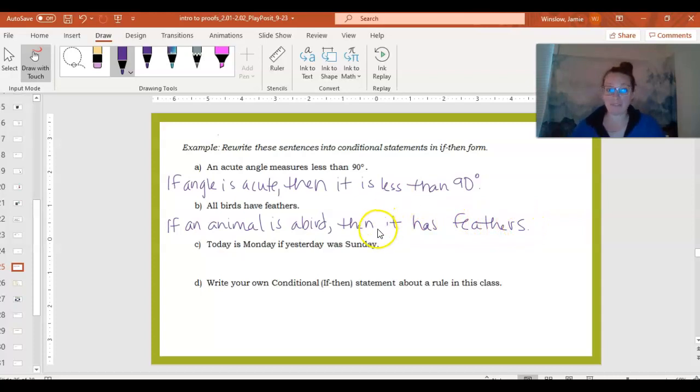And we can talk about counterexamples again. Counterexamples are really powerful. Again, they're used in debate, they're used in science, they're used in math. And maybe there's an animal that exists that's a bird that does not have feathers. I don't know. I'd have to look that up. Ask Miss Mullins. She would know. How about this one? If today is Monday, then yesterday was Sunday.